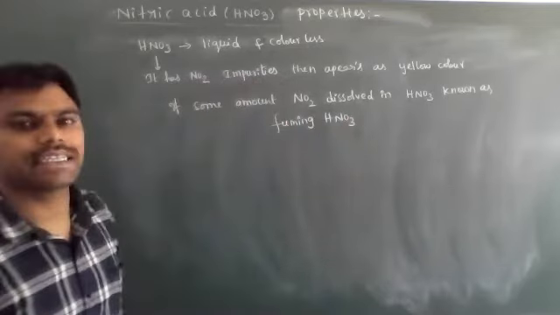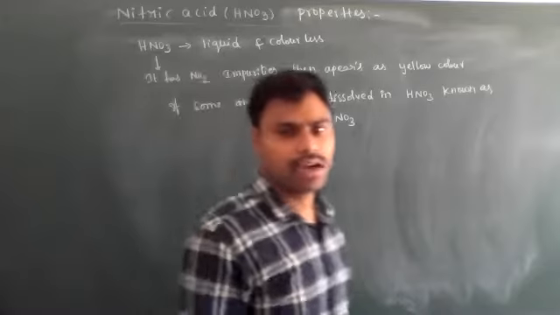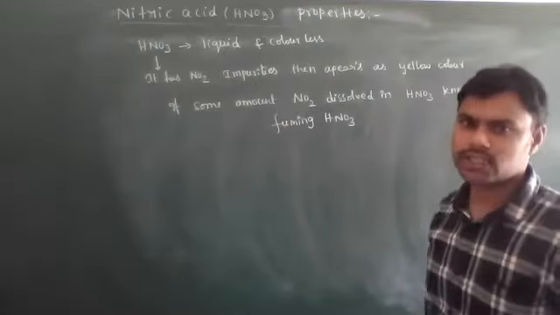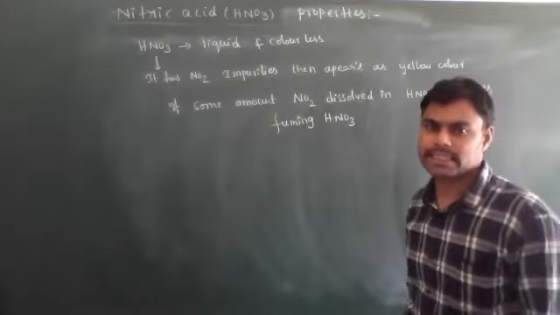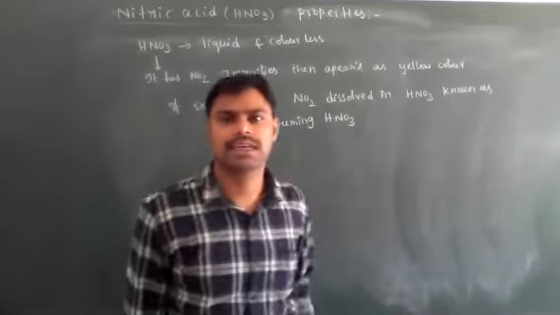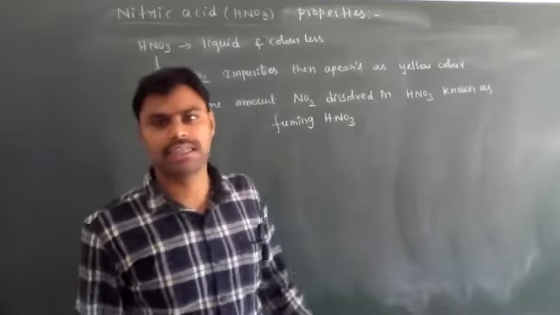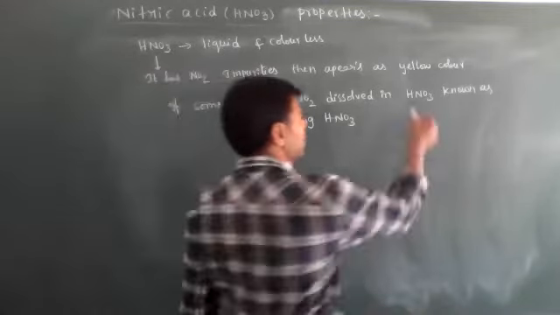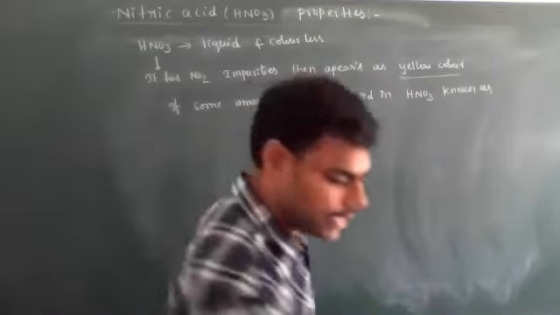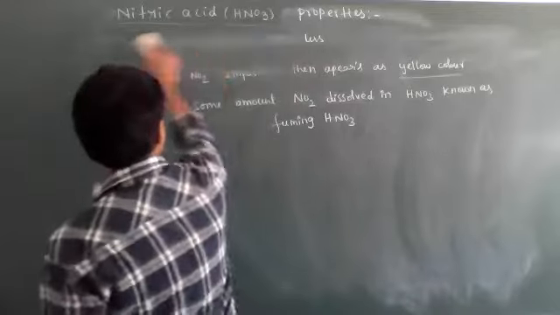What is fuming nitric acid? Some amount of nitrogen dioxide dissolved in HNO3 is known as fuming nitric acid. Generally, HNO3 is a colorless liquid. If NO2 impurities are present, then it appears yellow in color. Okay, students, let's see the next, chemical properties.